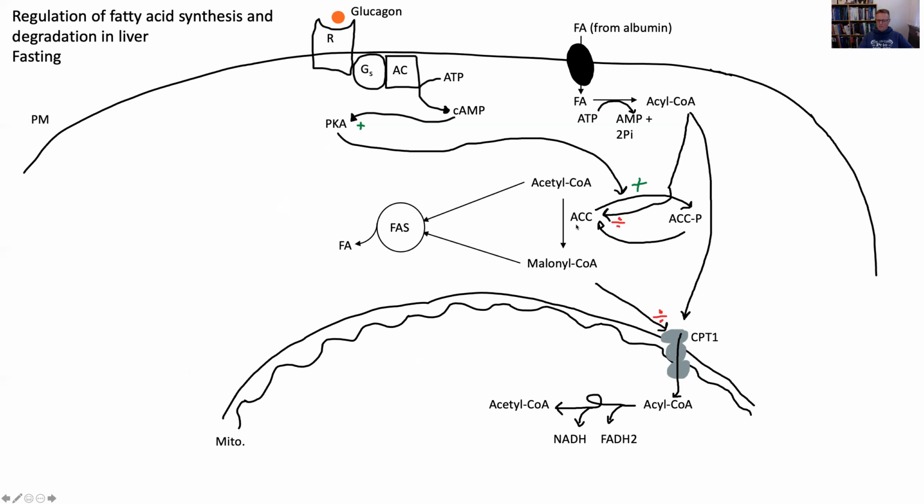So simply by increasing the level of acyl-CoA esters, we get an inhibition of acetyl-CoA carboxylase, leading to less production of malonyl-CoA, which basically will allow the transport of acyl-CoAs into the mitochondria via the CPT1 system.